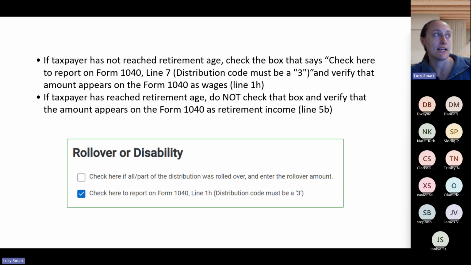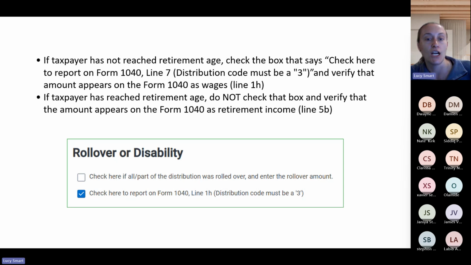So back to TaxSlayer. If the taxpayer has not reached retirement age, you check the box in the rollover disability section that says check here to report on Form 1040 line 1H, distribution code must be a 3. Then you'll verify that the amount from that distribution does indeed appear on the Form 1040 as wages.